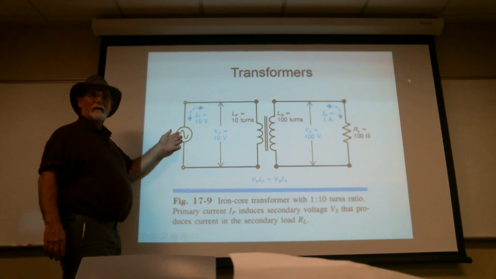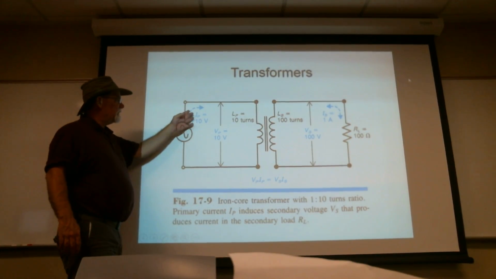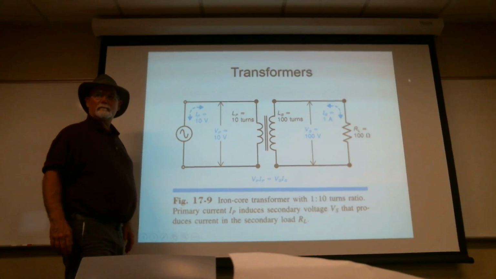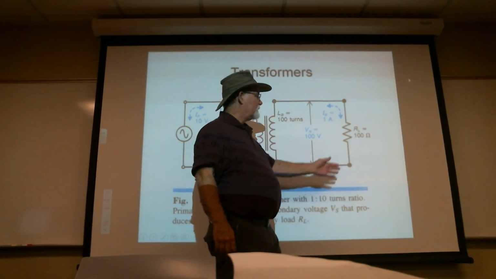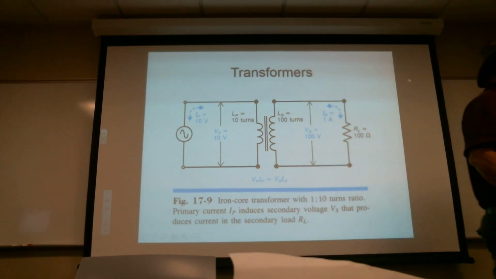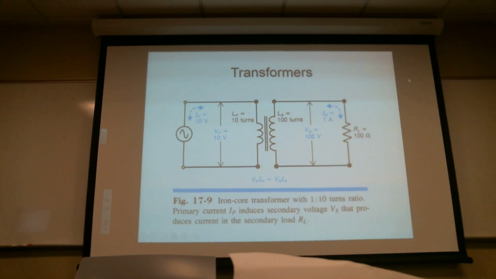So the power here, if I do the power on this, 10 times 10 is 100, right? Okay, 1 times 100 is 100. The voltage drop across there is going to add 100 ohms, is going to be, okay, 100 volts. That's all logical.